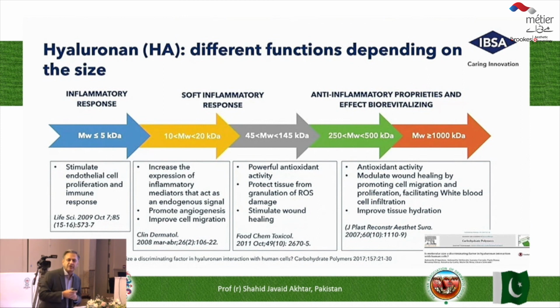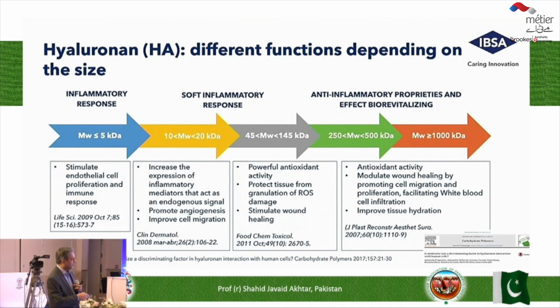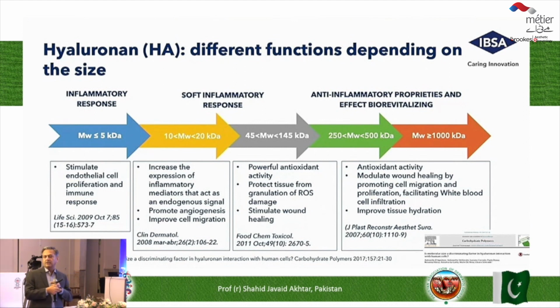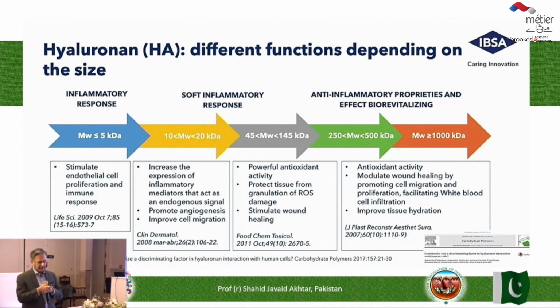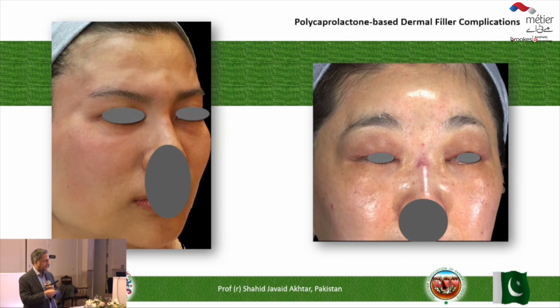The commonly used hyaluronic acid not only acts as a filling agent, it has got other properties. The lower molecular weight hyaluronic acid is inflammatory, but the higher molecular weight is anti-inflammatory. So when you appropriately select the quantity and the quality of hyaluronic acid, that is also reflected on your results.